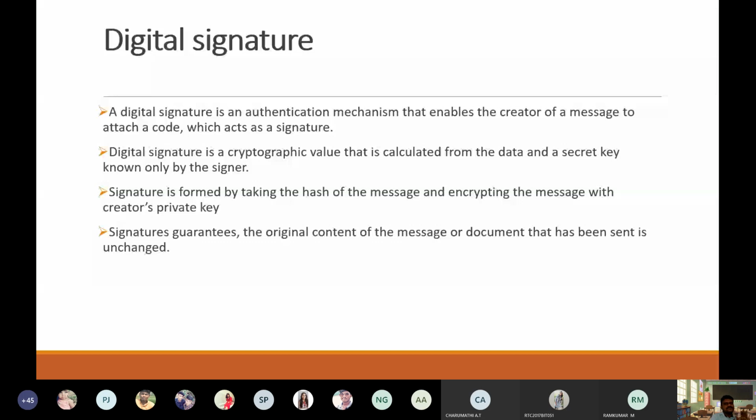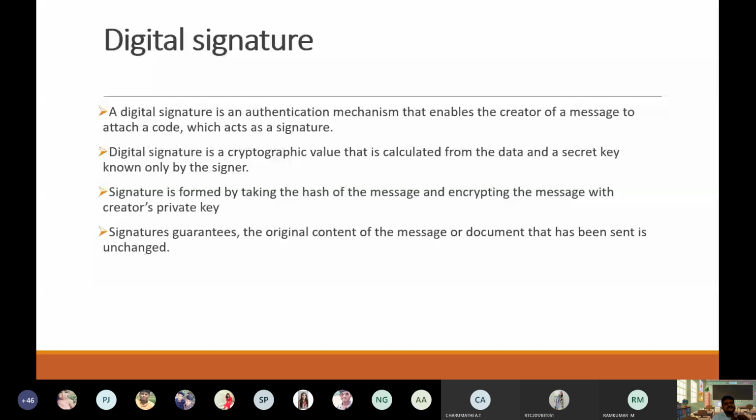It's a cryptographic value, and it will be calculated from the data and a secret key. The cryptographic value will be generated from the data, which is nothing but your plain text, and the secret key is known only by the signer. In our hash function, and also in our MAC function, the data will be compressed and some hash value or MAC value will be generated.